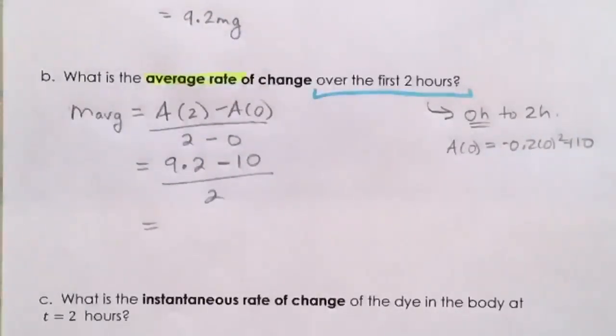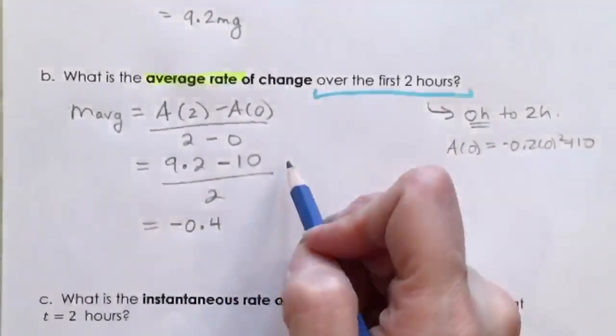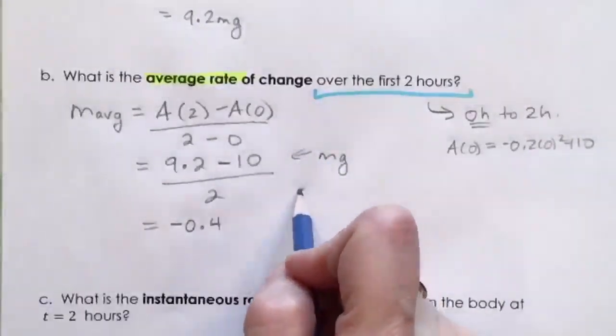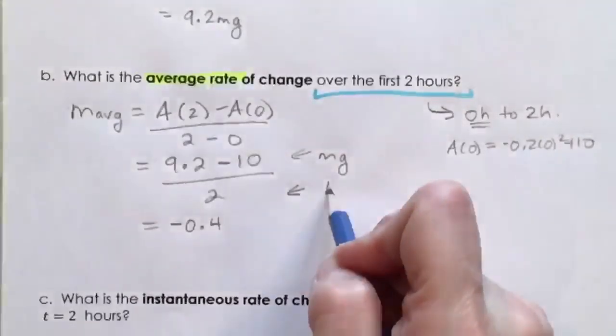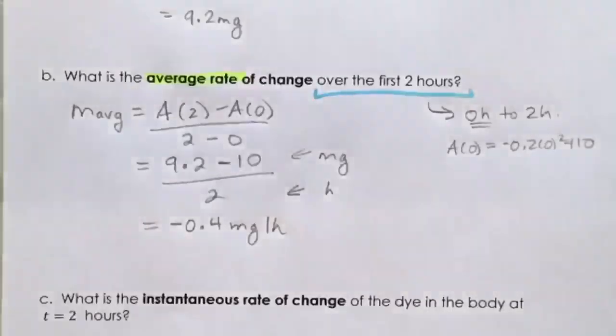So 9.2 minus 10 is negative 0.8, divided by 2 is negative 0.4, and the units for the amount was milligrams, the units for the time was hours, so it's negative 0.4 milligrams per hour. So if a doctor administers the tracer dye, then it starts to leave the body, so that's why the average rate of change over the first 2 hours is negative.